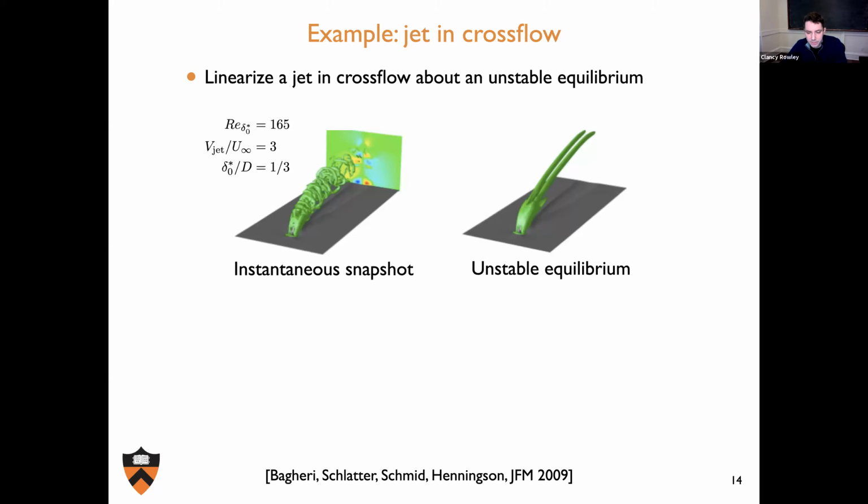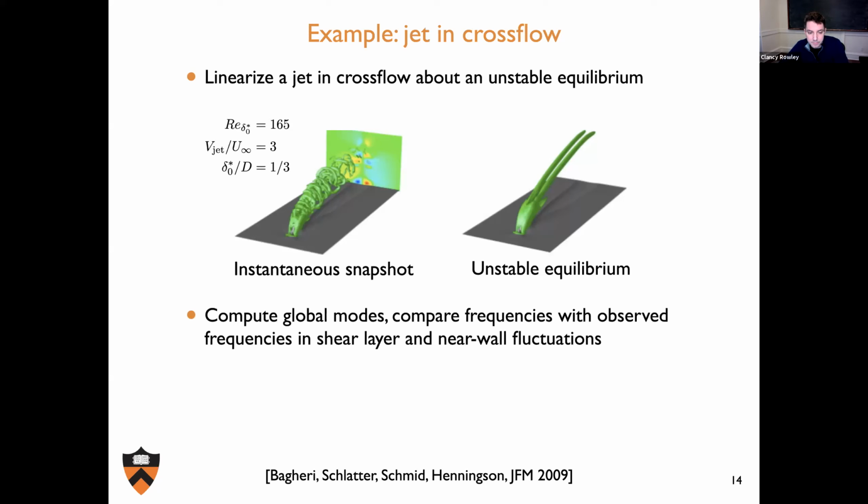What these folks did is they found an unstable equilibrium, not an easy thing to calculate, and they linearized about this unstable equilibrium and wanted to see how well these eigenvectors and eigenvalues described the full nonlinear flow. So they computed these global modes, these eigenfunctions, and compared the frequencies of those with observed frequencies.